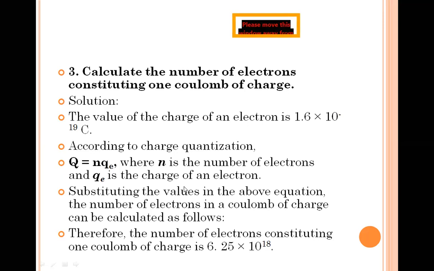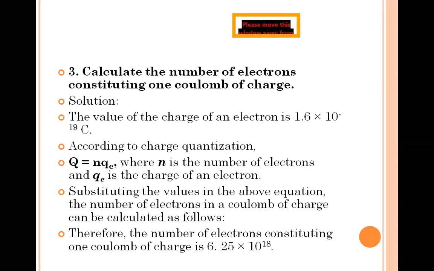We need to find out N. So N is 6.25 into 10 to the power 18, substituting the value in the above equation. The number of electrons in a coulomb of charge can be calculated as follows. So the number of electrons constituting 1 coulomb of charge is 6 into 10 to the power 18 electrons.